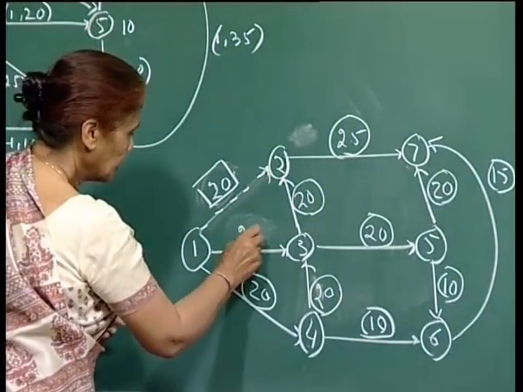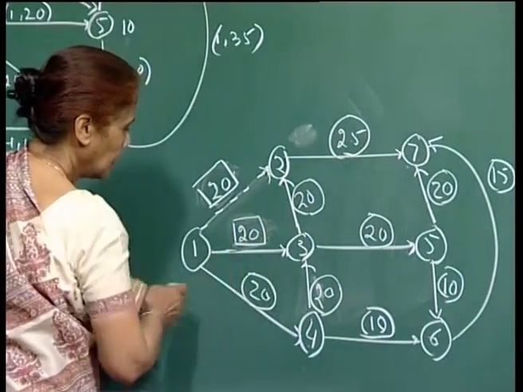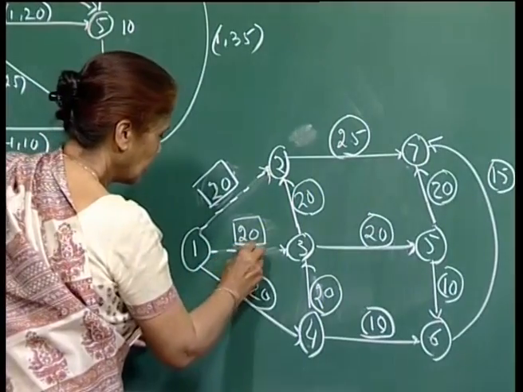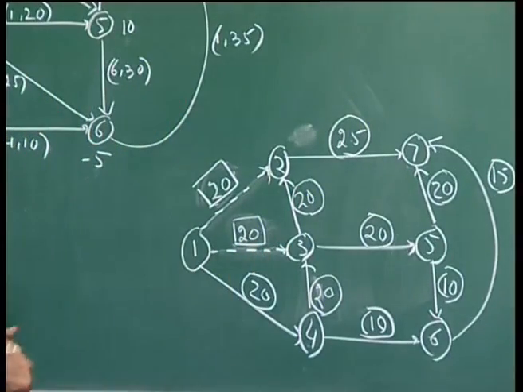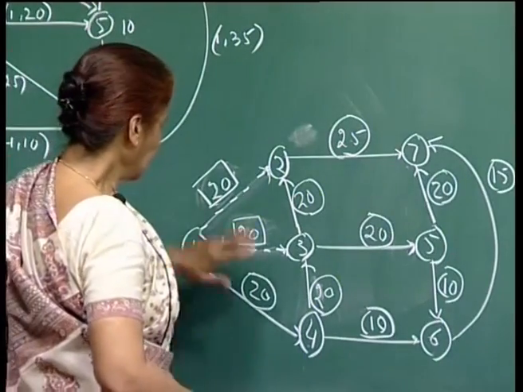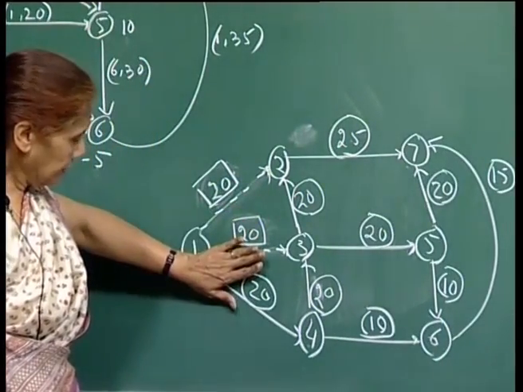So here also this is 20. And this will be broken, right. So that's it. Now both these cycles are not there anymore, right.